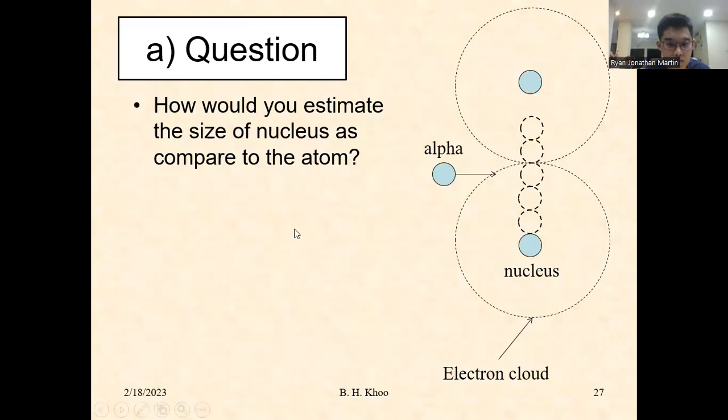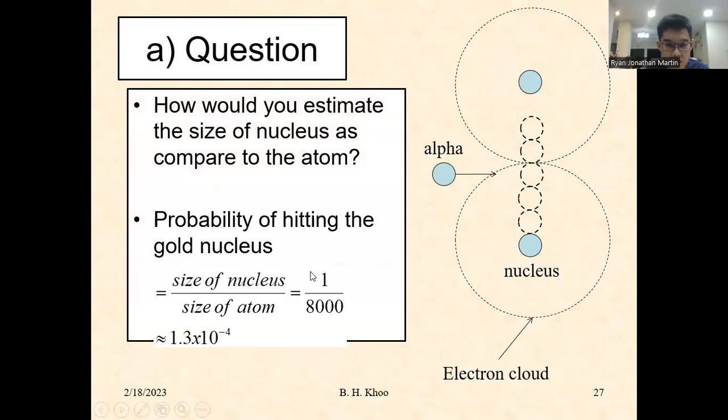Okay, so how to estimate the size? This is just for your info. Rather than memorize it, we can imagine there's the size of the nucleus and the size of the atom. We can roughly estimate the probability of hitting as the size of the nucleus over the size of the atom. So it's 1 in 8,000. That's why we observe this. Then if we know the size of the atom, we can calculate the size of the nucleus.